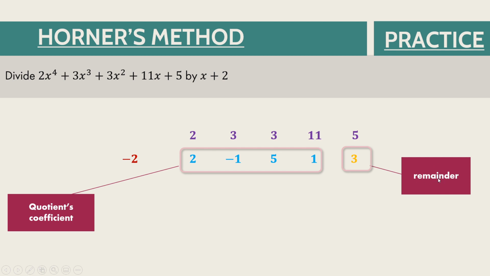The remainder, and these are the quotient coefficients. So the quotient is 2x to the power of 3 minus x squared plus 5x plus 1, and the remainder is 3. Have you got the idea?